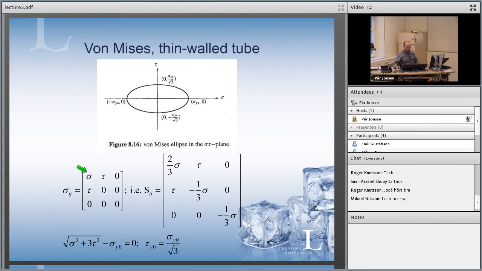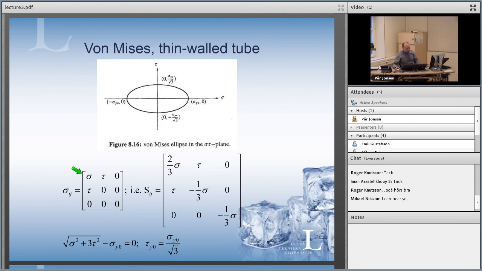Only one-dimensional normal stress, and then you have shear stress. The shear stress comes from the torque that you load it with. This one will give you the deviatoric stress tensor looking like this, because you take away the trace, you will have this part here coming on, but it will not affect the shear stresses.